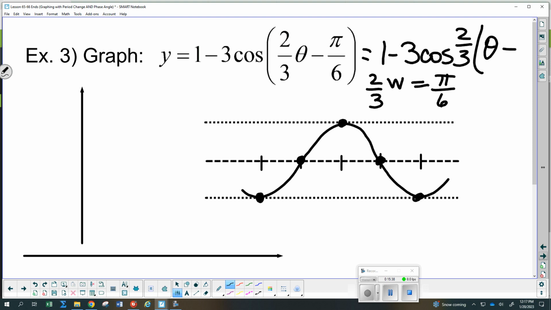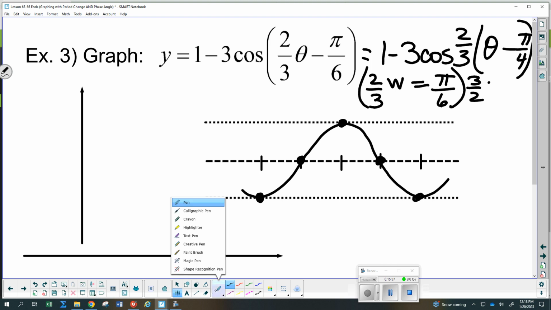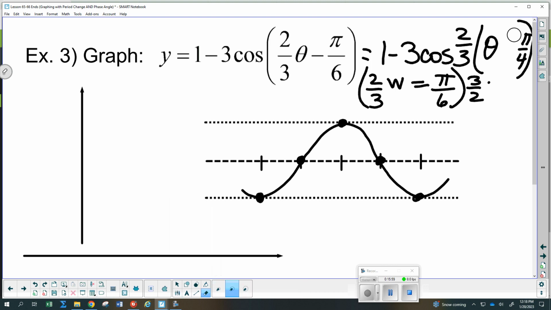So when I distribute, I get back to that pi over 6 thing. So let's see, I can't really do that one in my head, but if I multiply that by 3/2 on both sides, I'll have the what? And so that means I would have pi over 4. Is that right? Except you can't tell that's a minus sign there, the way those just ran together.